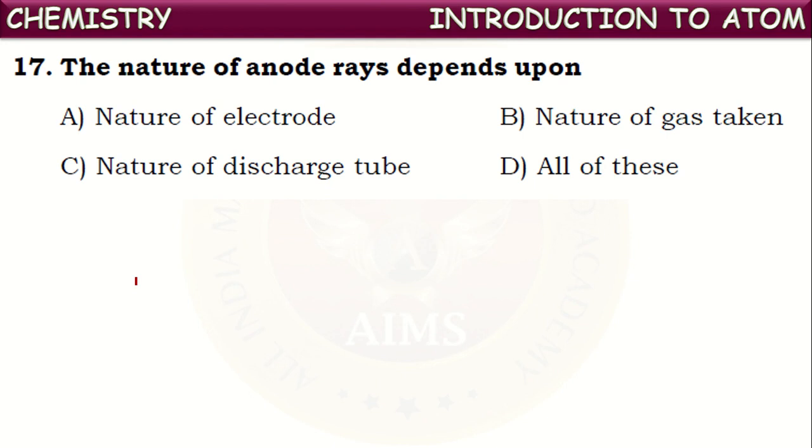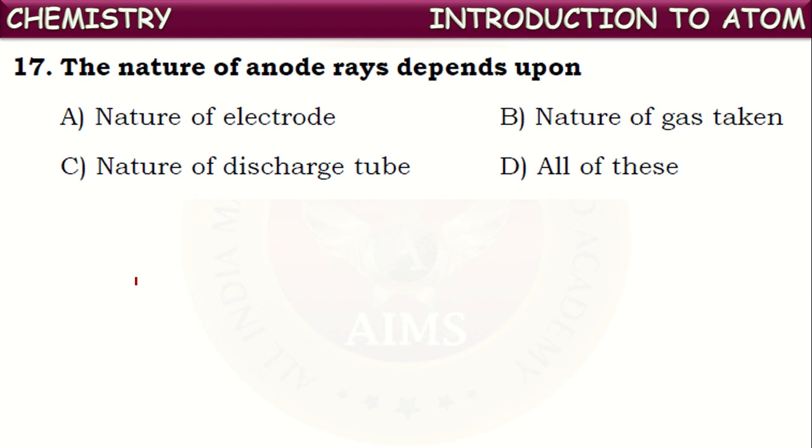That is the nature of the particles in the anode rays. As we told, cathode rays are independent of the gas taken in the discharge tube. Whatever the gas we take, the cathode rays produced will have similar properties. They contain negatively charged particles, electrons only.